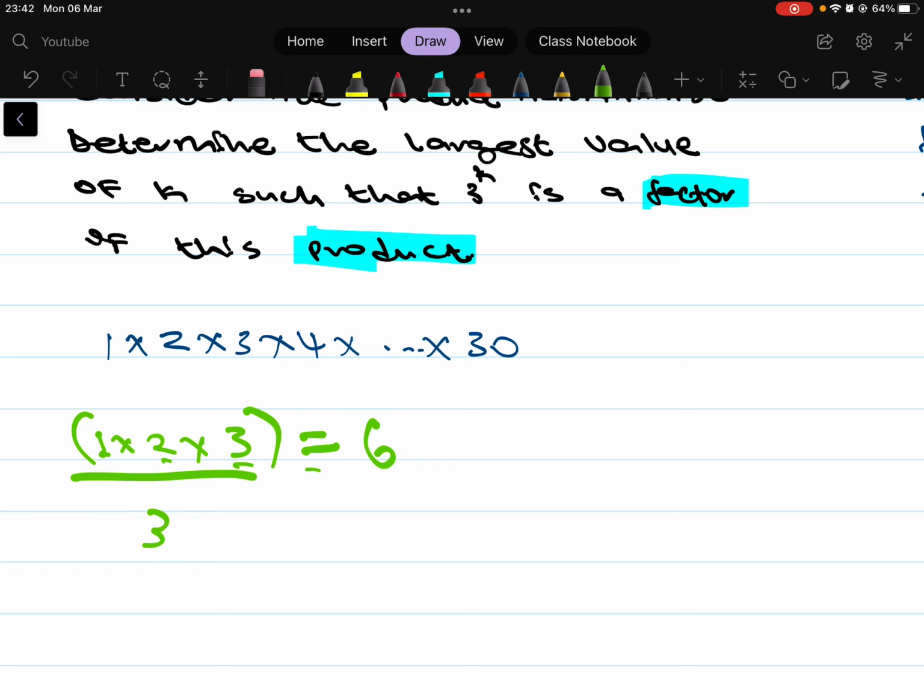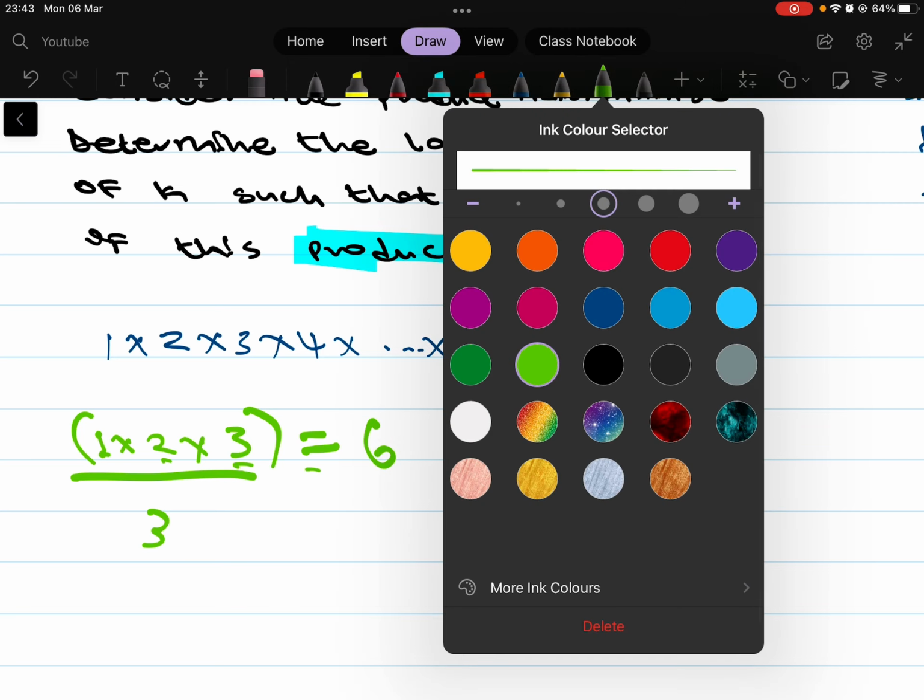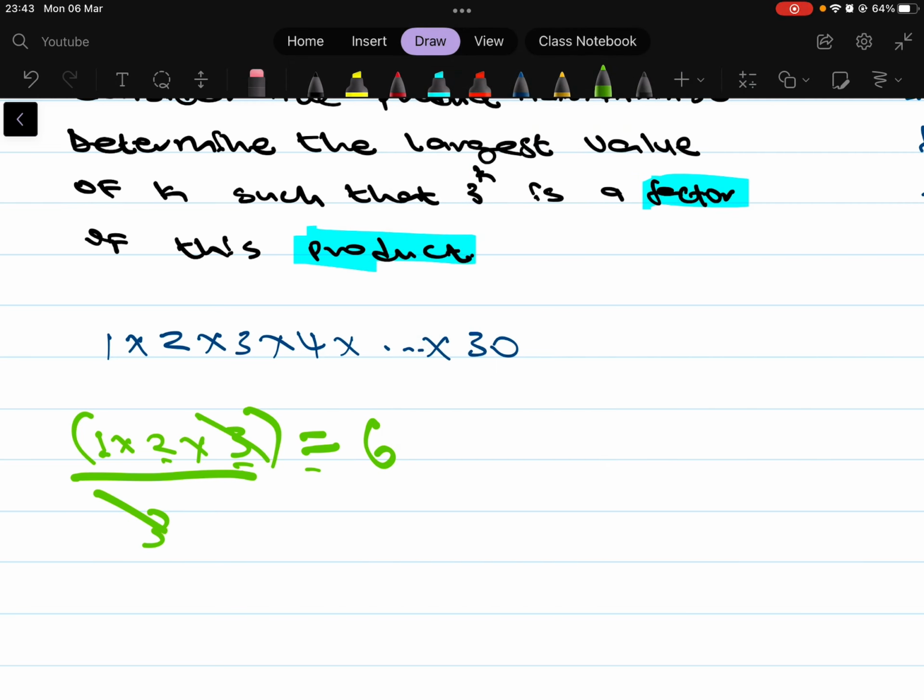So how it ends up being a factor is that the 3 cancels the 3, and then you're just left with a whole number. What whole number do we have? It's just 2, because 1 times 2 is just 2.